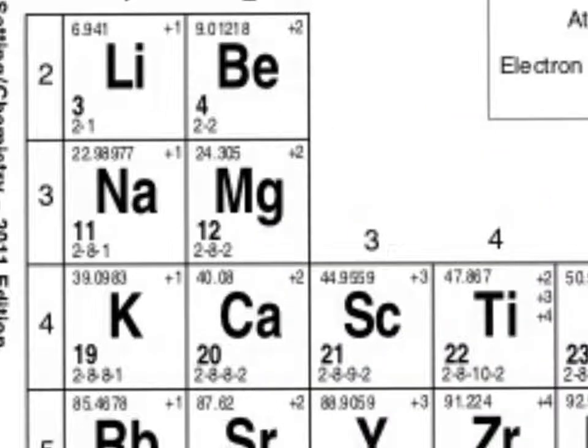Notice that for magnesium, you have 3 numbers in its electron configuration. The first number tells me how many electrons are in the first ring, or first energy level. The second number, 8, tells me how many electrons are in the second ring, or second energy level.